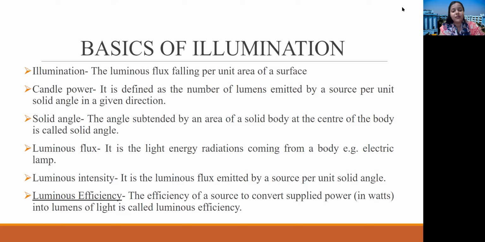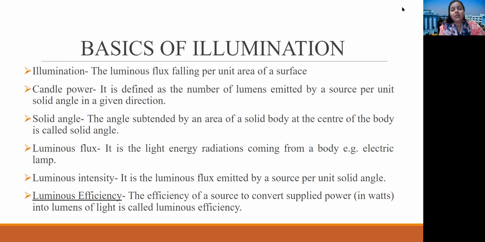Now, luminous flux. Luminous flux is the amount of energy radiated from the source. Suppose we have a lamp. The amount of light energy radiated from that particular lamp can be defined as luminous flux. So the output of any lamp can be defined as luminous flux.